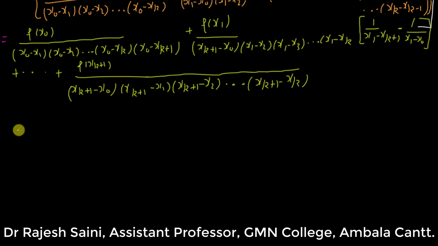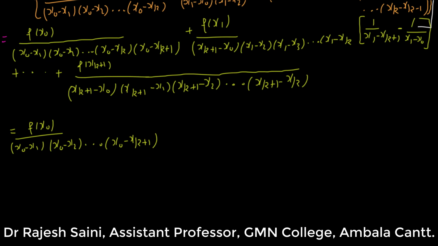Now this is further equal to f of x naught divided by x naught minus x1, x naught minus x2, and writing the last term, x naught minus xk plus 1.